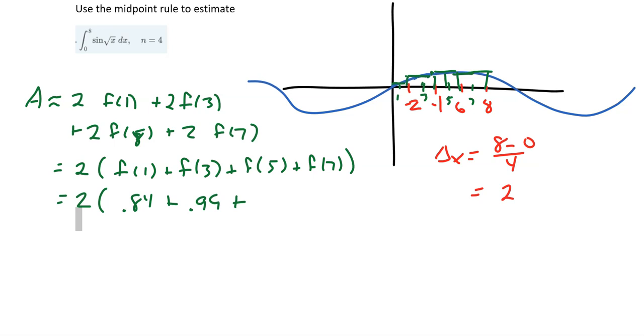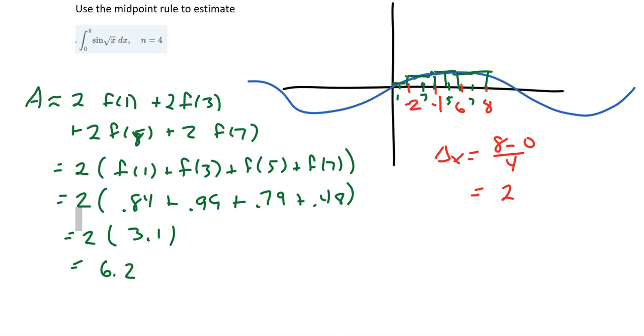Evaluate the function at 5. We get 0.79. And at 7, 0.48. Now adding those things up, 6.1. So area is about 6.2.